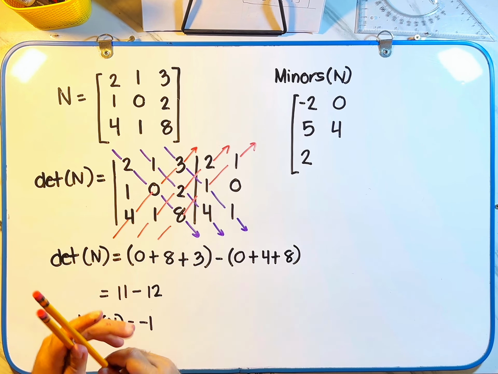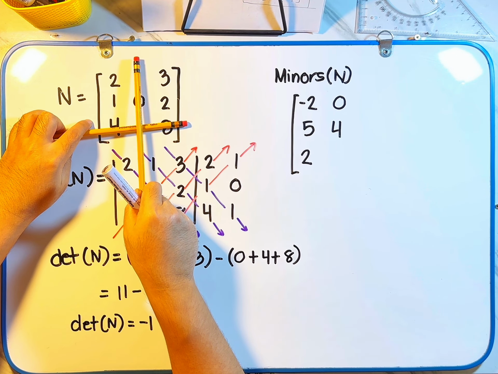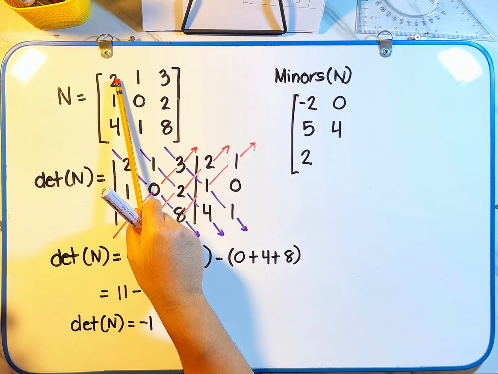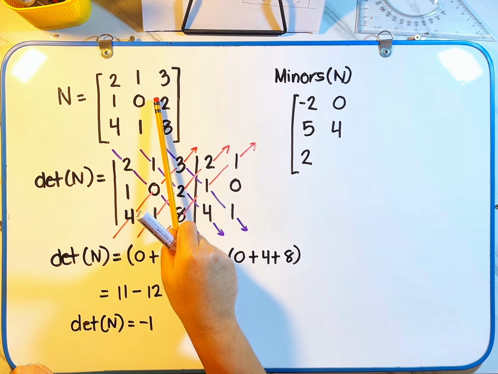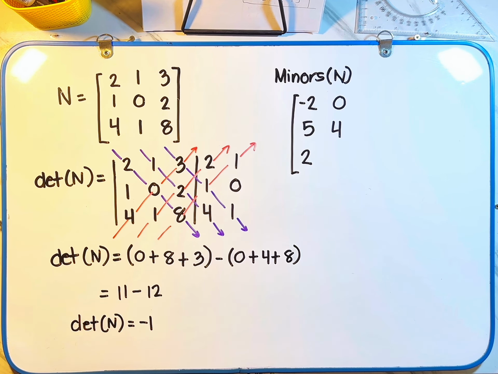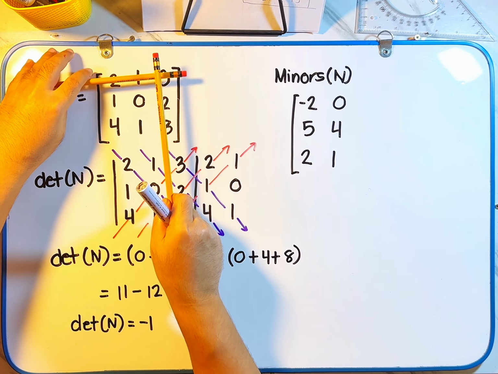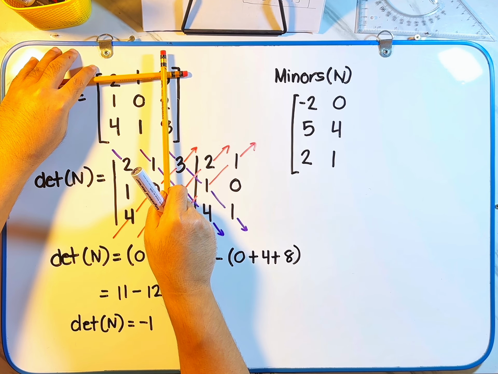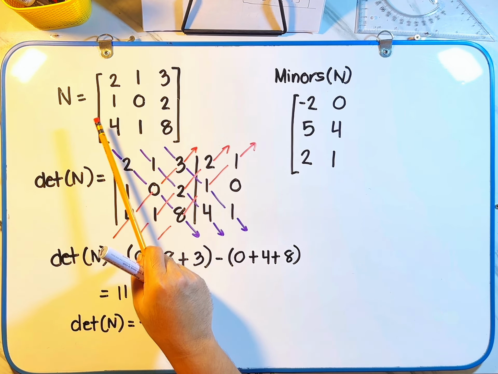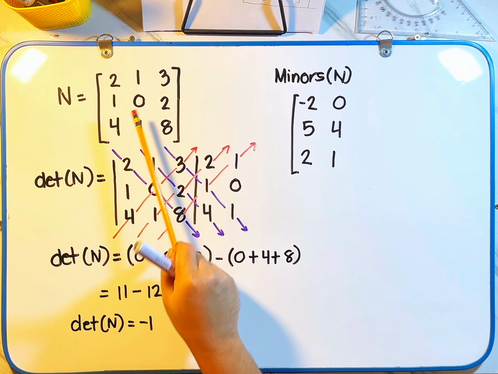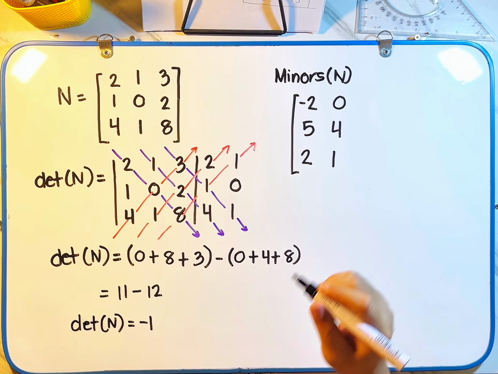Next, the element in the third row, second column. So we have these 4 elements. 2 times 2 is 4, 1 times 3 is 3, and 4 minus 3 is 1. Next, the element in the first row, third column. So we have these 4 elements. 1 times 1 is 1, 4 times 0 is 0. So 1 minus 0 is 1.